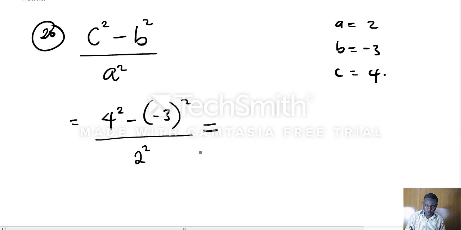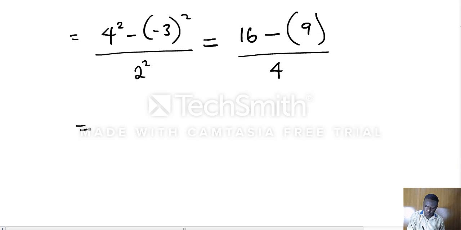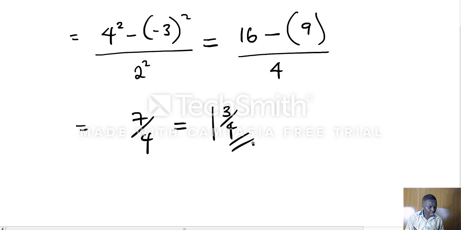This is equal to 4 squared, that will be 4 times 4, which is 16, minus 3 squared, minus 3 squared is said to be 9, all divided by 2 squared, which is 4. And this is equal to 16 minus 9, that will be 7 divided by 4, which is equal to 1 whole number 3/4 as your answer. Question 21.